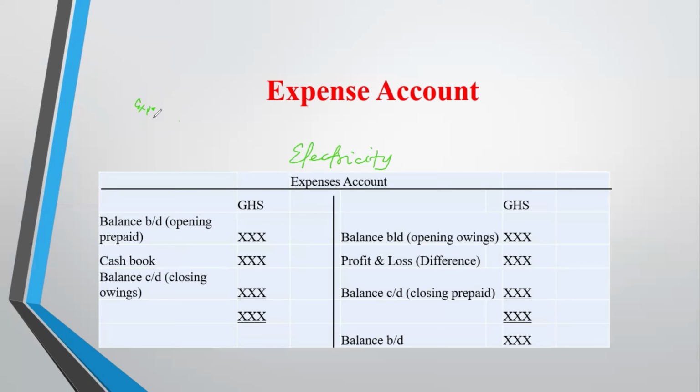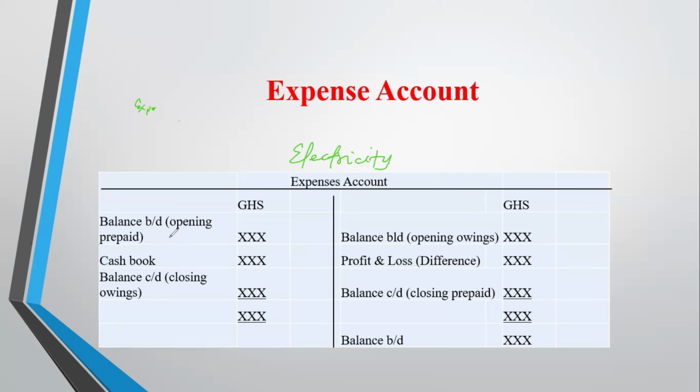That is why we are bringing the opening prepaid of the expenses at the debit side, because the expenses prepaid is an asset, and all assets have what? Debit balance. So if they are saying there is opening balance, then it should be on the debit side.